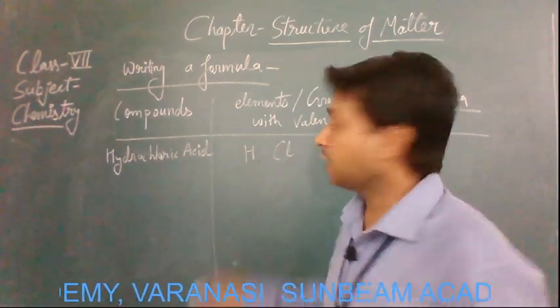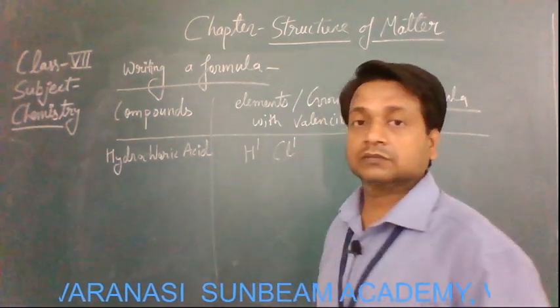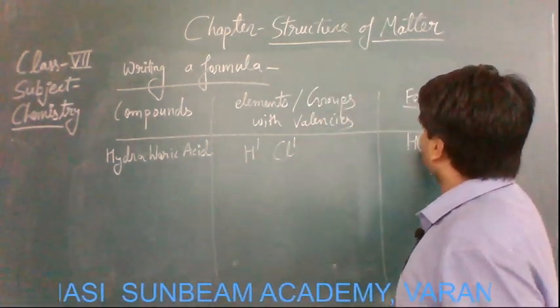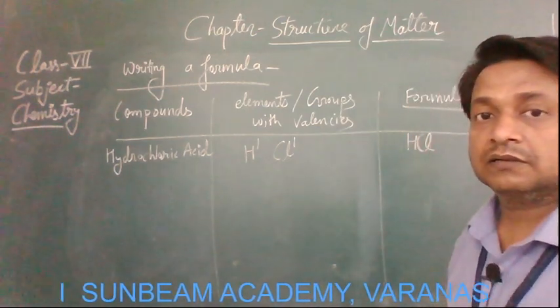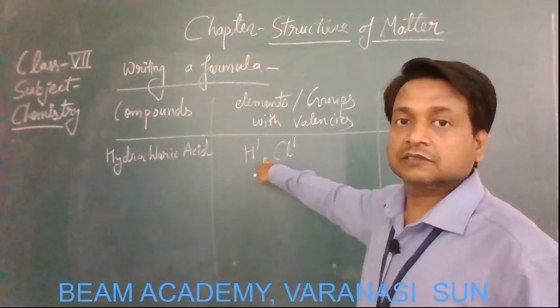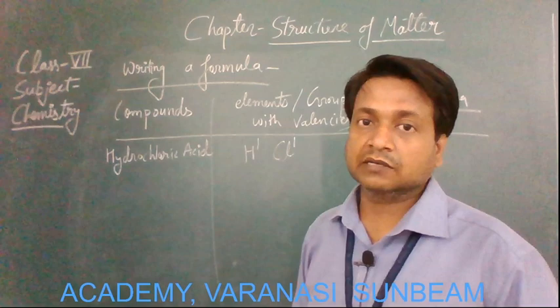The valency of hydrogen is 1, valency of chlorine is 1. Now the formula will be HCl, because after exchanging the valencies it will be 1 and we do not need to write the 1 there.